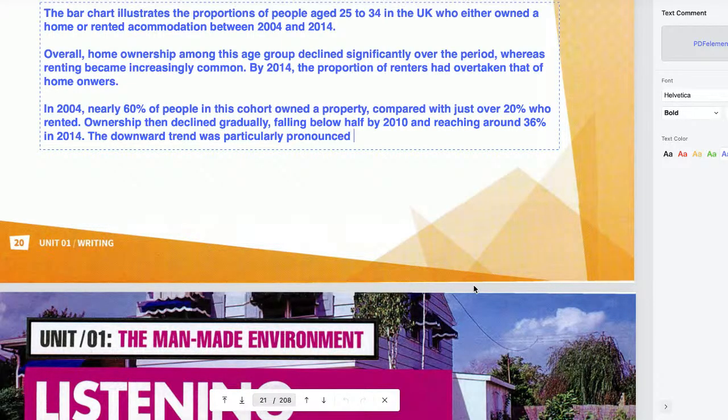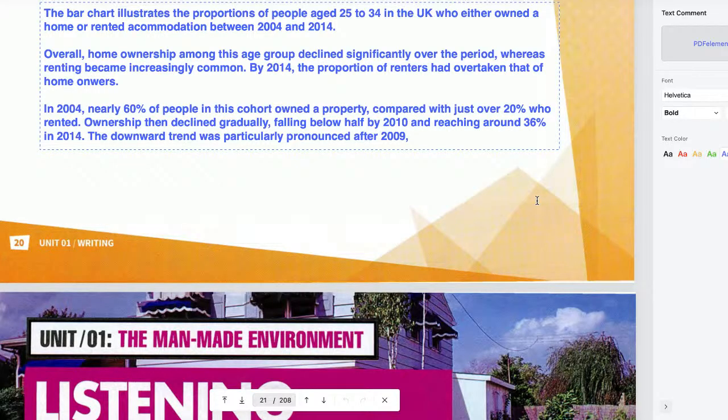Let me spell that. P-R-O-N-O-U-N-C-E-D. Pronounced. That means very clear, obvious. Okay? The downward trend was particularly pronounced after 2009. Okay? And then what?